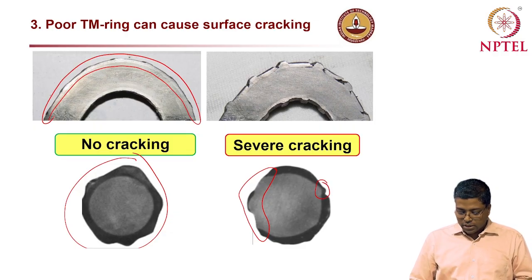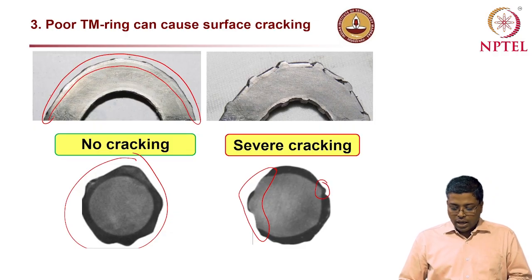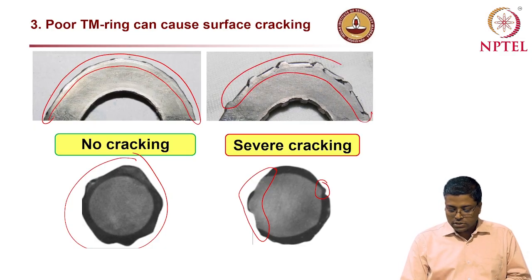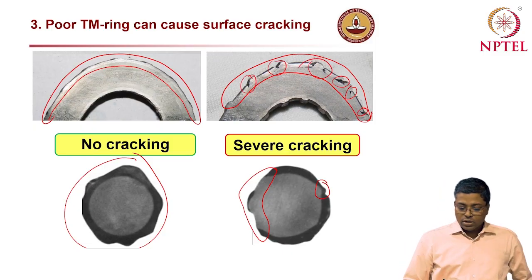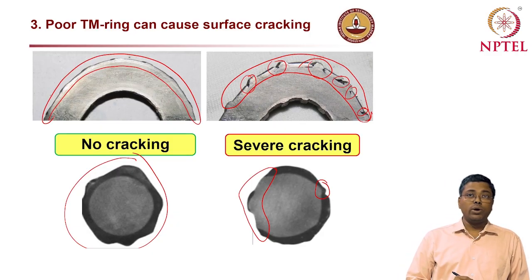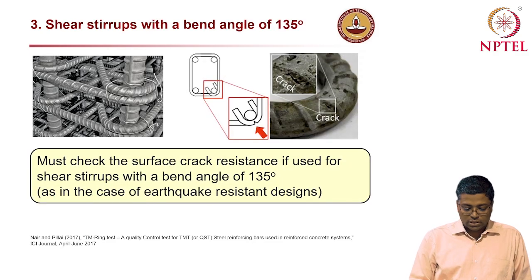Here also there is very little tempered martensite. It is not uniform. And when you bend this, it leads to significant cracking. You can see in all this region, there are several cracks. So this is the problem when you use this kind of rebar with inadequate tempered martensitic phase or inadequate cross section.